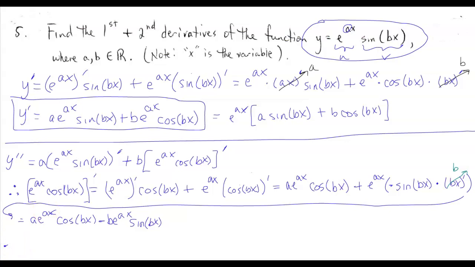And I'll switch colors for this one. So we'll do that later here. So therefore we have y double prime. This will equal a times, and now we're going to substitute in what the first derivative was here. Because remember, everything that we had in here was just y prime.